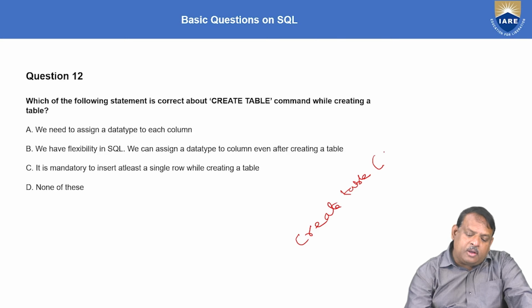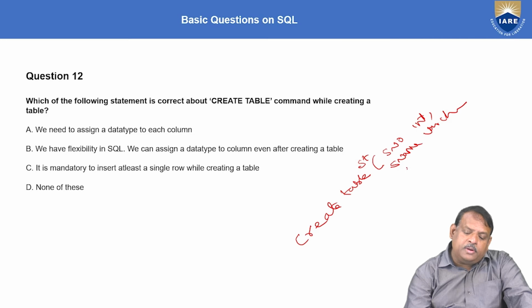Suppose the column names: I say create table student, then student roll number, integer is the data type, then s name is the varchar field, mobile number, gender is a character field, then date of birth as date and time.